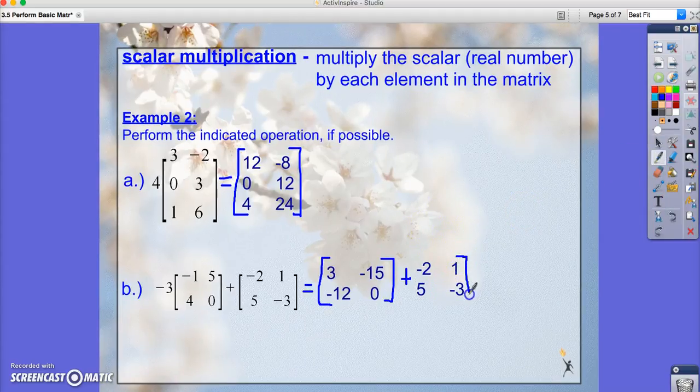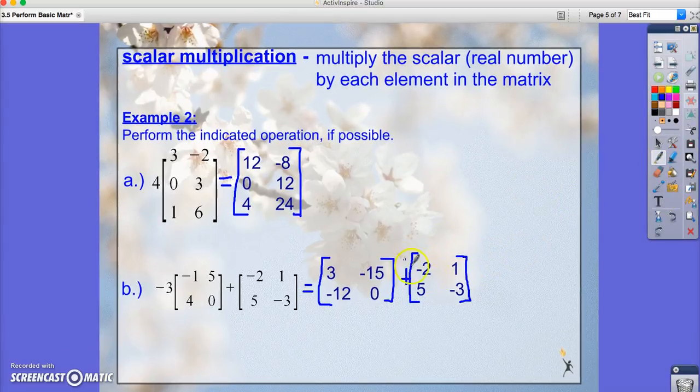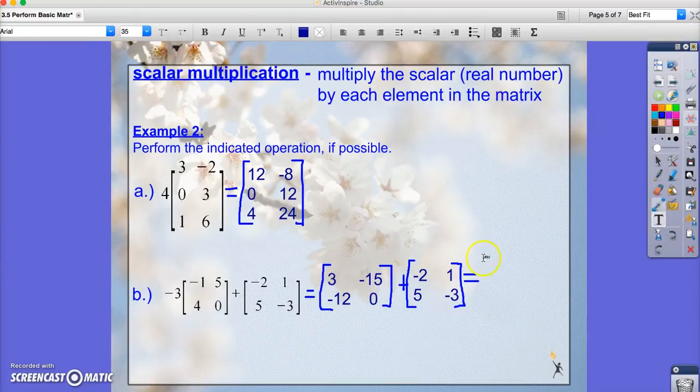So now I can add. I have a 2 by 2 and a 2 by 2. So 2 by 2 plus 2 by 2 will give me a new 2 by 2 matrix. So now let's combine everything. 3 plus the negative 2 is 1. Negative 15 plus 1 is negative 14.